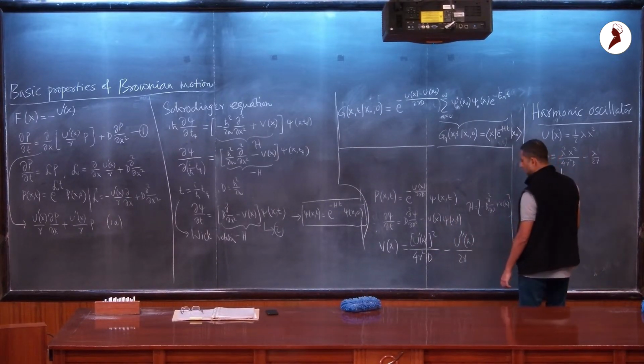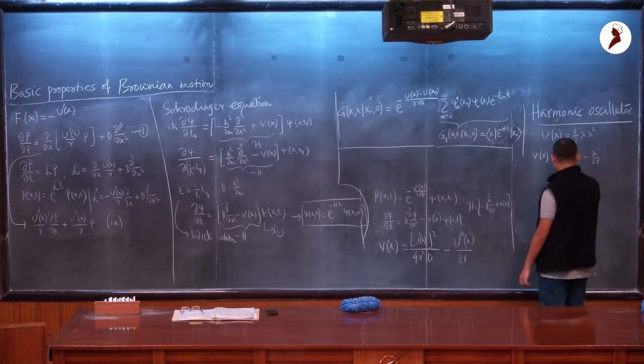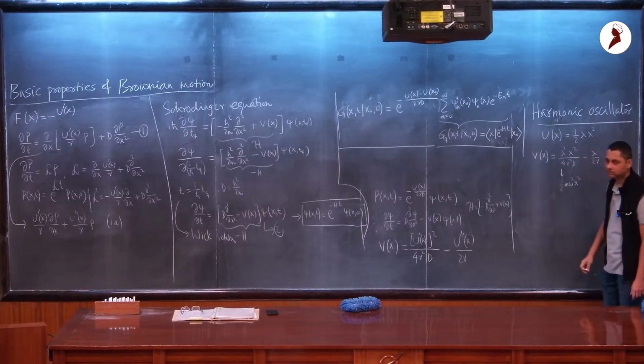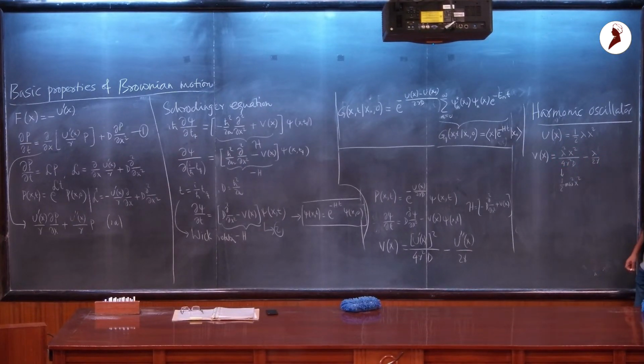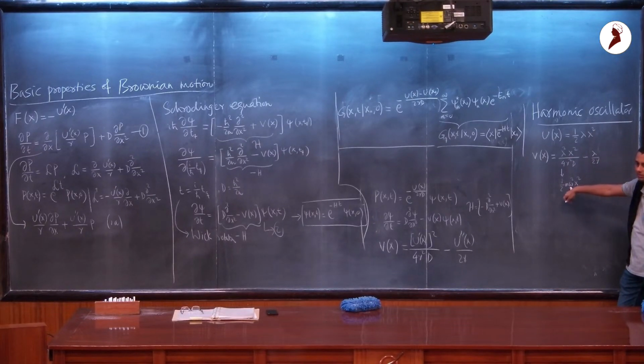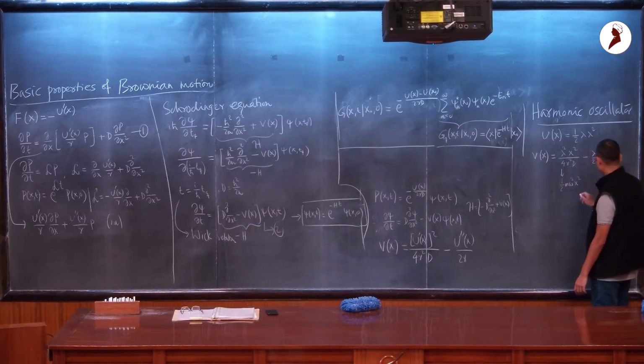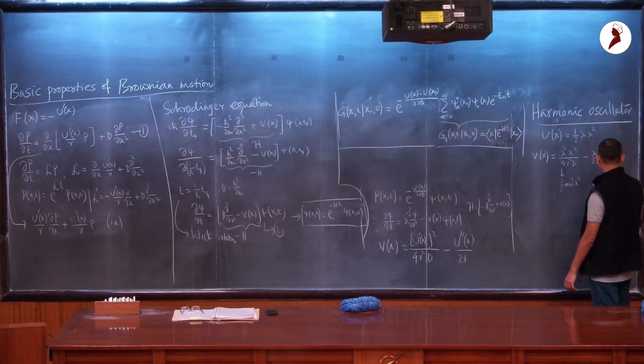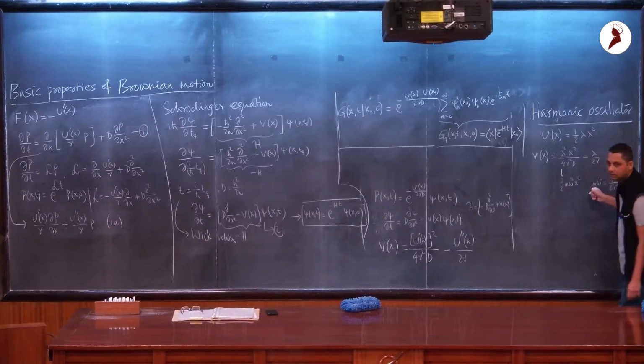So, this part is in the classical harmonic oscillator. This is half m omega square x square, right. So, therefore, if you want to identify your variables in terms of this, what do you get? We have basically m omega square is lambda square by 2 gamma square d, right.